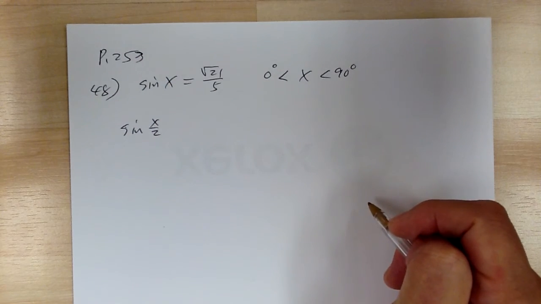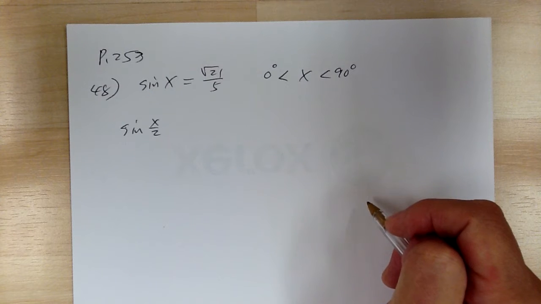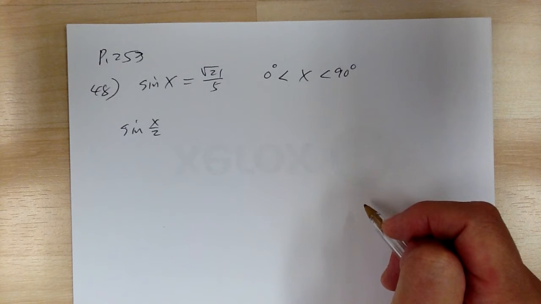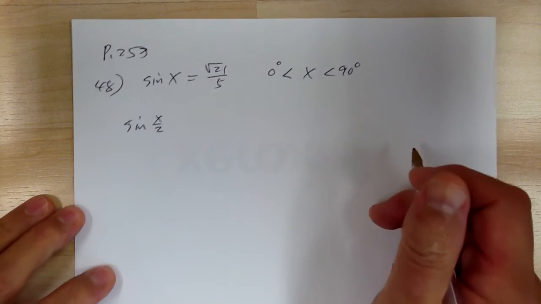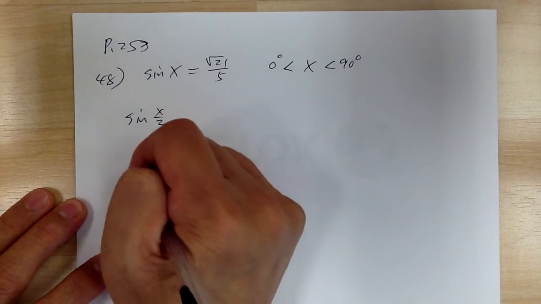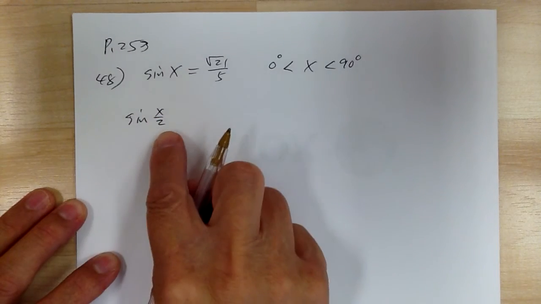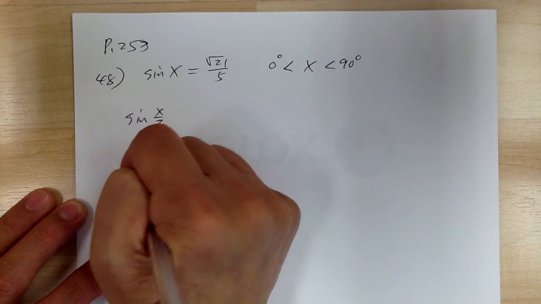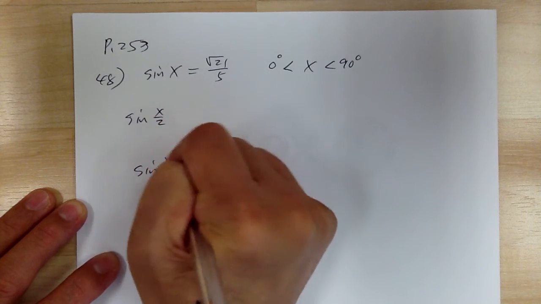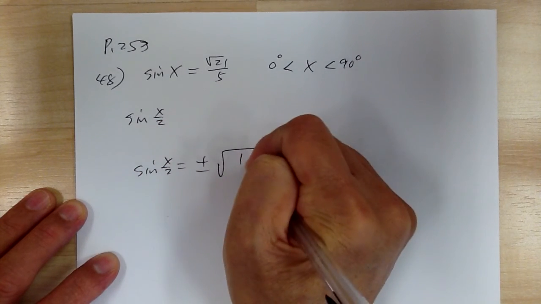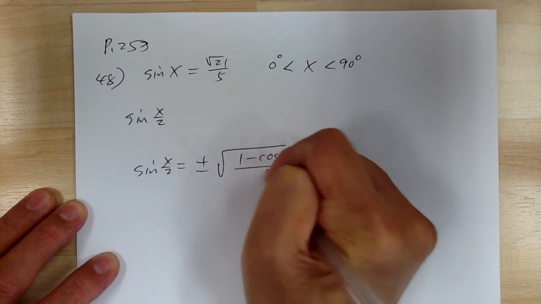Okay, so again, first let's write down the formula so that we know what we need to get. Because this one has plus or minus, let's write down the formula. So this is equal to plus or minus square root of (1 minus cosine x) over 2.